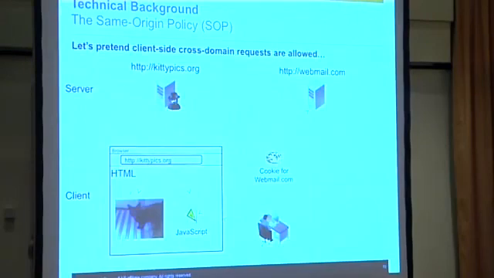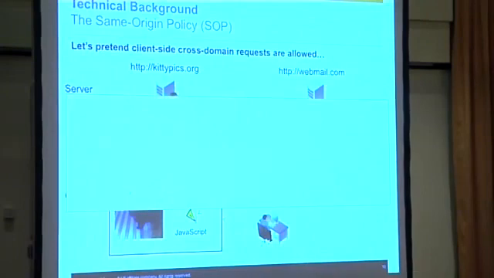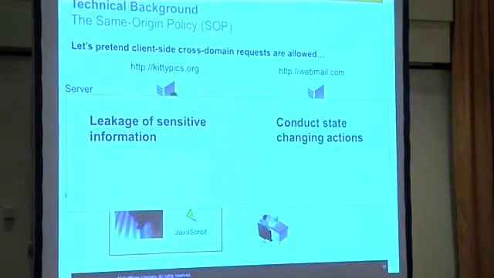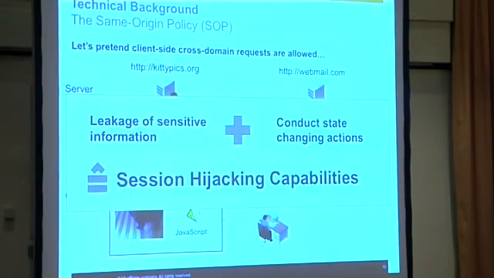So it could send an email in the name of the user. So to summarize this, the attacker could leak sensitive information from webmail.com, and at the same time it could conduct state-changing actions. And if we take these two capabilities together, we basically have session hijacking capabilities.